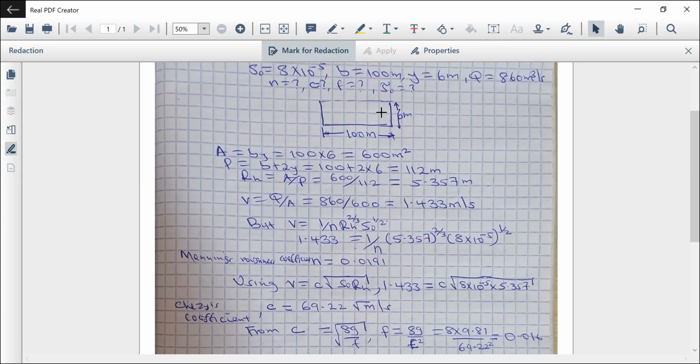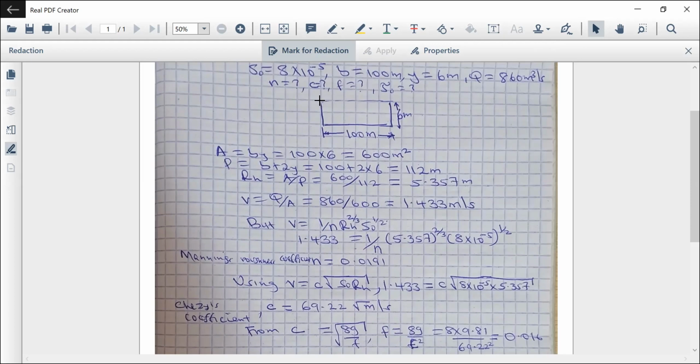So we will start by calculating the area. Remember, area is given by width times height, which is 100 by 6, 600 square meters. Then we go to wetted perimeter P. By wetted perimeter, we mean the parts of the channel which are in contact with water.